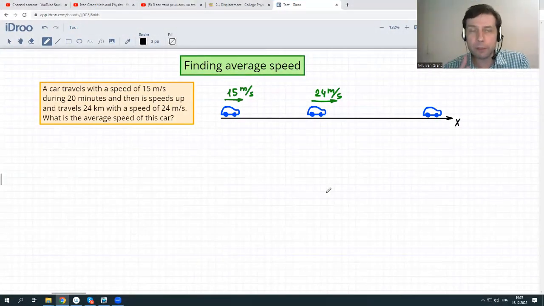Let's first write the formula for the average speed. And I believe you remember that. Sometimes we use this bar symbol above, saying that it's the average one. Or, in other words, we could just write this subscript AV, average.